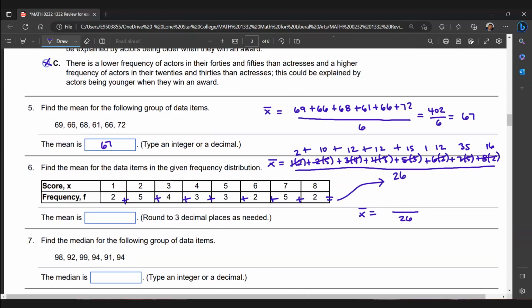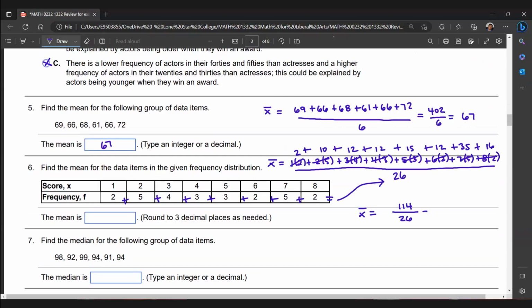And I encourage you to pause and just add it up with your calculator. 2 plus 10 plus 12 plus another 12 plus a 15 plus a 12 plus a 35 plus 16. And I get 114 divided by 26 and round to 3 decimal places.